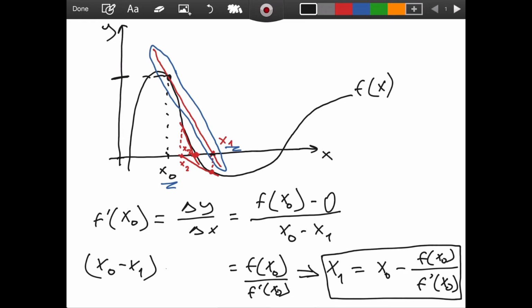And on the next page, I will write the general formula. The general formula is for n plus 1 and for n, the relation between the two. So for finding x n plus 1, you simply get x n, then you subtract f of x n, the function evaluated at point x n, divided by its derivative, the derivative of the function evaluated at point x equal to x n.